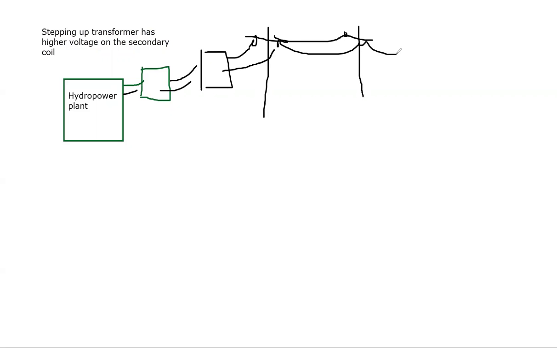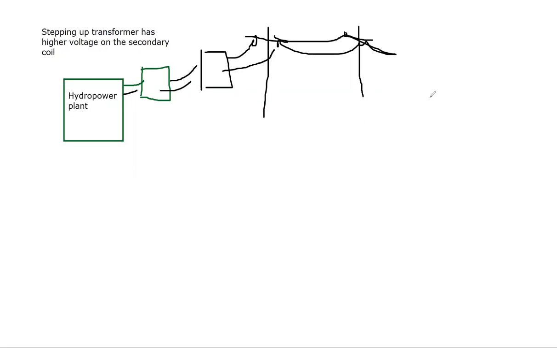Each one will raise the voltage to a higher voltage. Eventually, you will reach the point where electricity is conducted through those high voltage towers, right? Which you will see between the cities. This can go for hundreds of kilometers. And then eventually I bring it to the consumers.